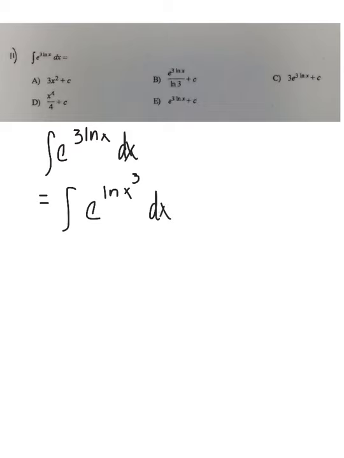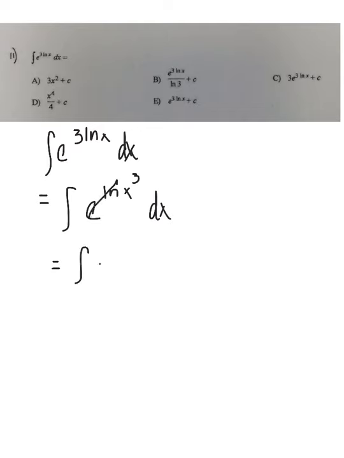Okay, and there's a reason why I'm doing this, because one more thing that we need to go over, and then I think you'll see it. Remember that an e and an ln are inverses of each other, so don't these guys cancel each other out? So that's why I was moving that 3 all the way in the beginning in the first step there. So then what happens is these guys disappear.